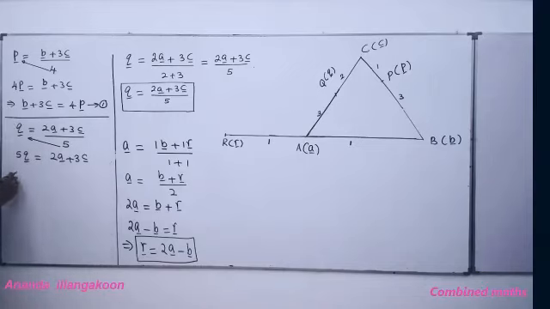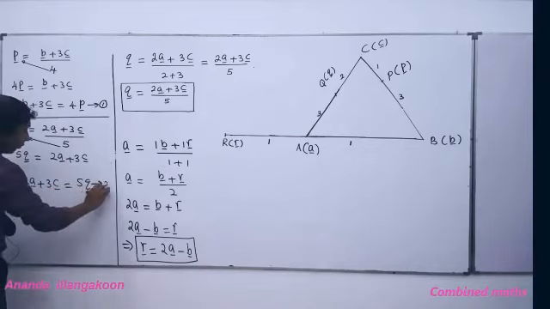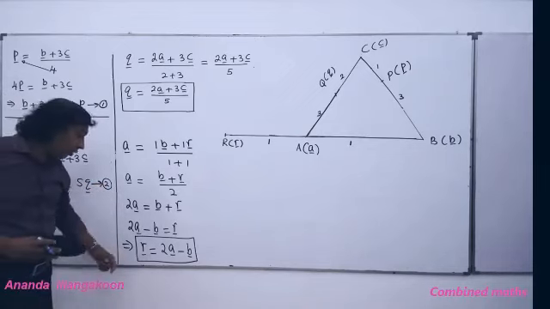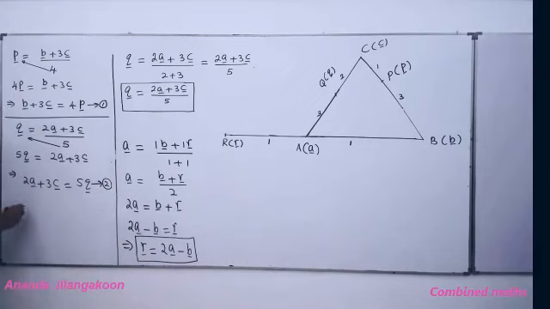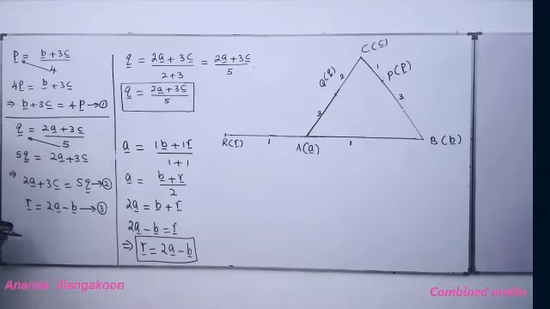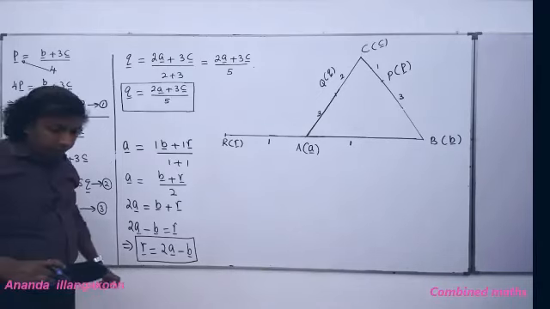Then this gives us the vector 2a plus 3c is equal to 5q vector. This is number 2, people. And by this we also have r is equal to 2a minus b. This is number 3.